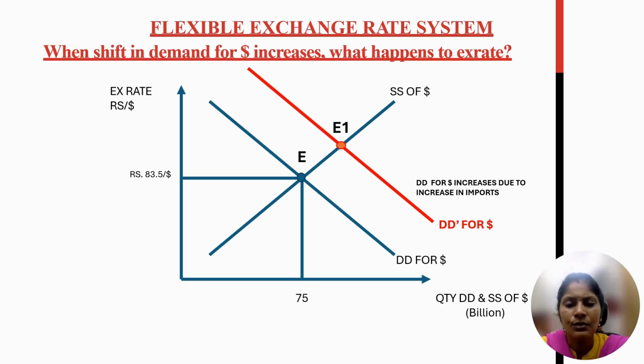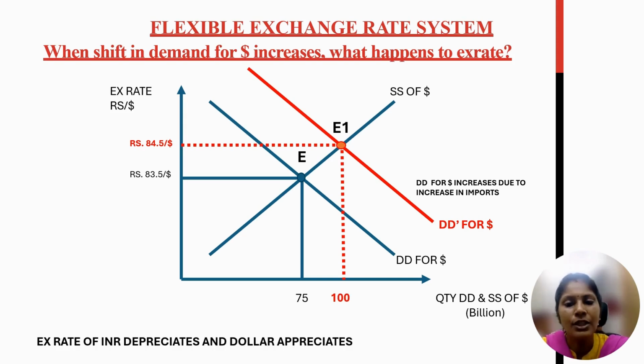From point E1, we can determine the new exchange rate, that is 84.5 rupees per dollar, and the quantity demanded and supplied increases to 100 billion dollars.